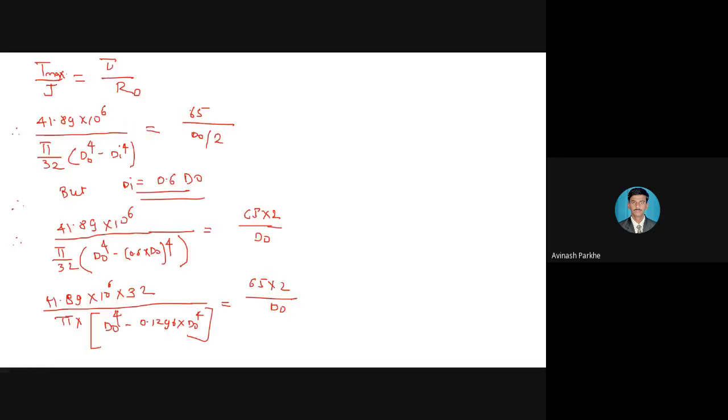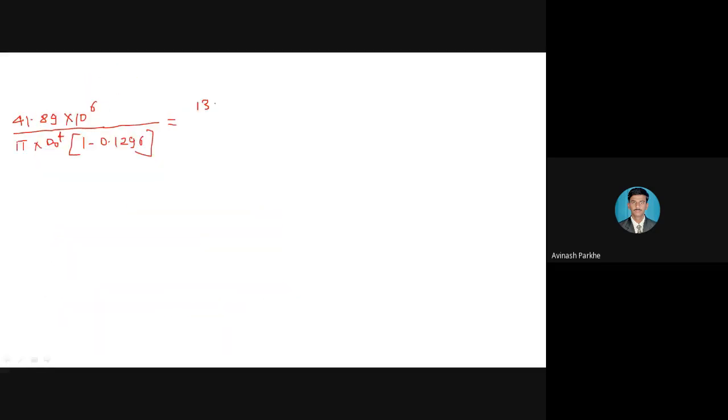If I take Do raised to 4 outside the bracket, in the bracket the remaining is 1 minus 0.1296, bracket complete, which is equal to 65 into 2, it becomes 130 divided by Do.